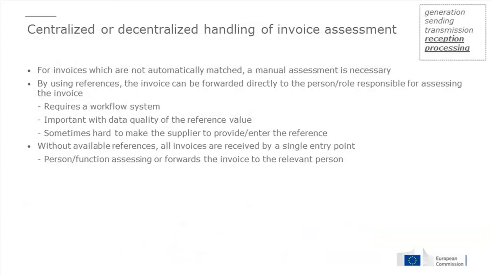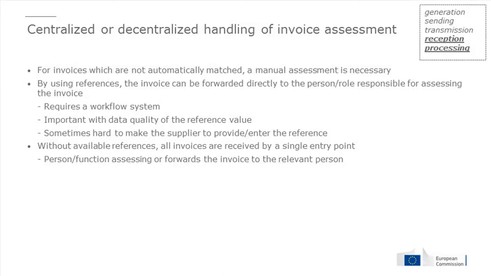One aspect that is also important is to think carefully about how you want to handle, assess and approve the electronic invoices. There can be centralized approaches or decentralized approaches. For all those invoices that are not automatically matched, I will come back to those in a moment, we have to have a manual assessment.